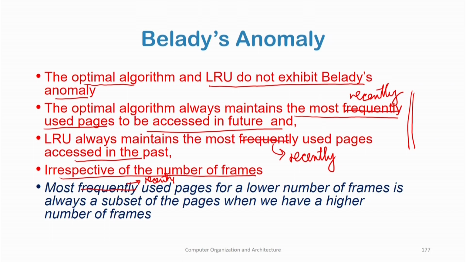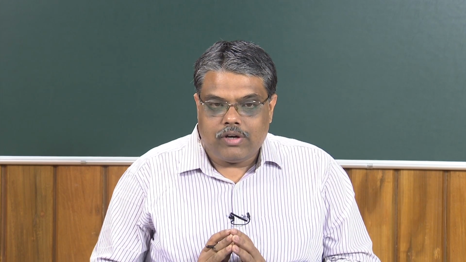The most recently used pages for a lower number of frames are always a subset of the pages we have for a higher number of frames. Suppose I have a certain number of frames and at a given time I have a certain number of pages in memory. Let us say I am using the LRU algorithm. The most recently used pages will be there in memory for 3 frames.